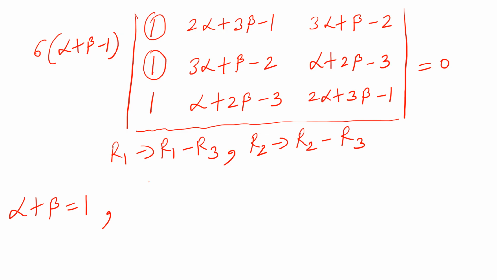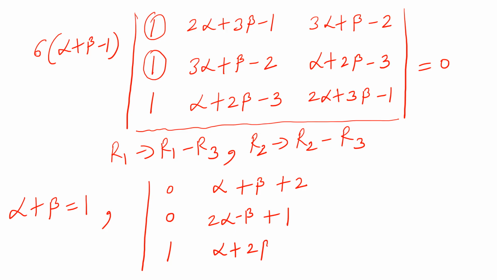Now students, after performing these operations, we get 0 over here and 0 over here. Here it is 1. And at A12 position, we get alpha plus beta plus 2. At A22 position, we get 2 alpha minus beta plus 1.